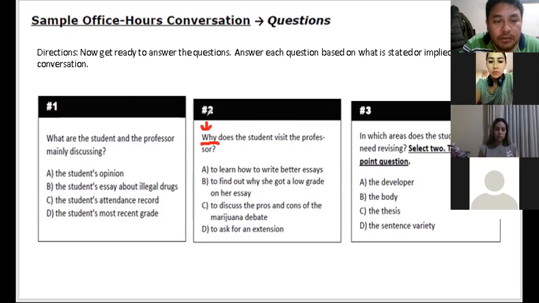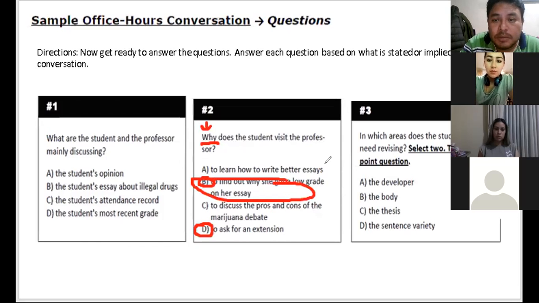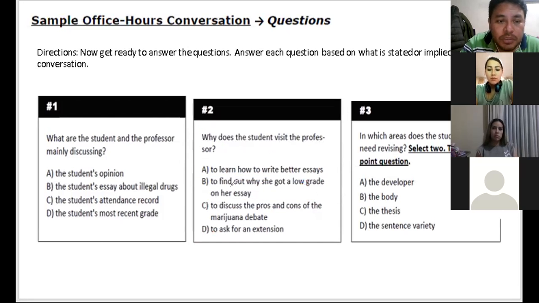At the end, why is she going there? That's why both B and D are very controversial, because B sounds obvious, like she's going there because she needs to know why she got a lower score, right?